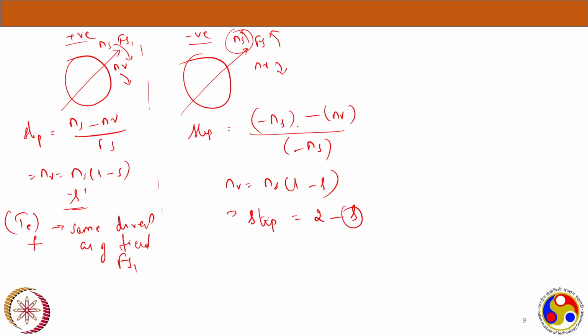If you rearrange this and take the negative common, ns minus nr plus nr by minus ns. So minus minus will cancel, and we get ns minus nr plus 2 nr by ns.